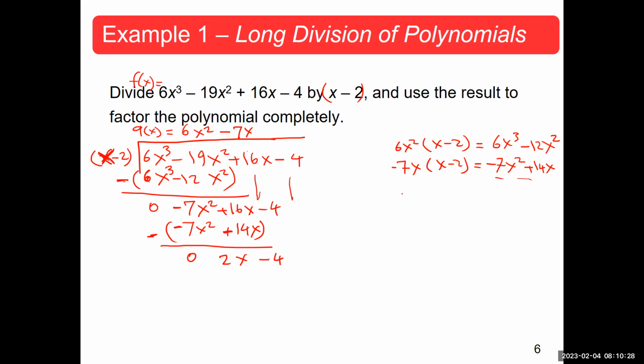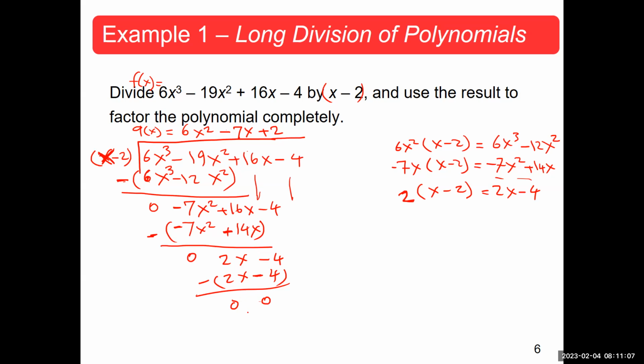If I say 2 multiplied by x minus 2, it gives me 2x minus 4. So this 2 we put on top, positive, and 2x minus 4 we put here. Then subtract again: 2 minus 2 is 0, negative 4 plus 4 is also 0.